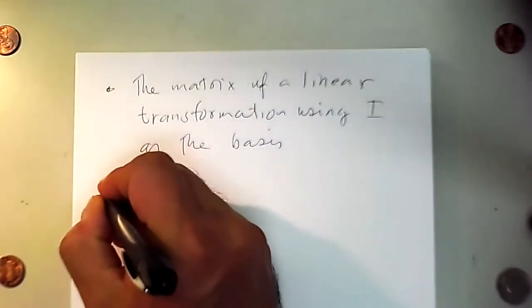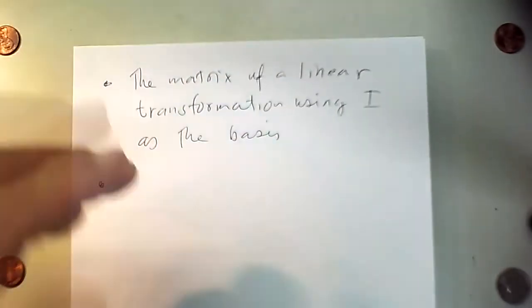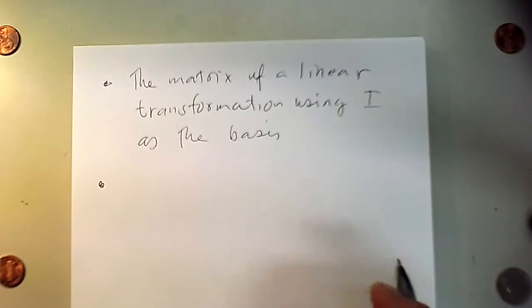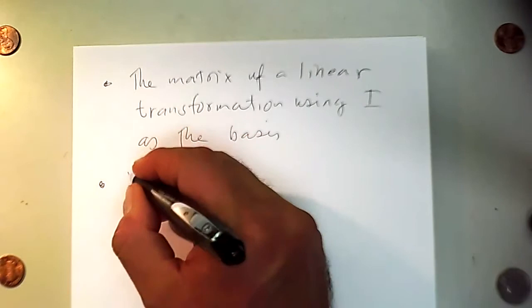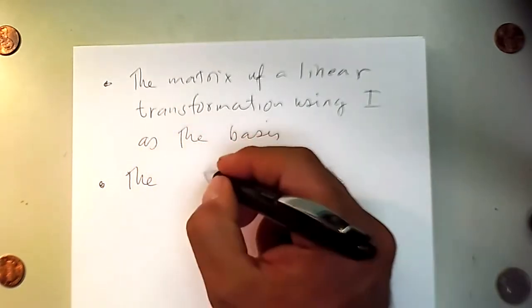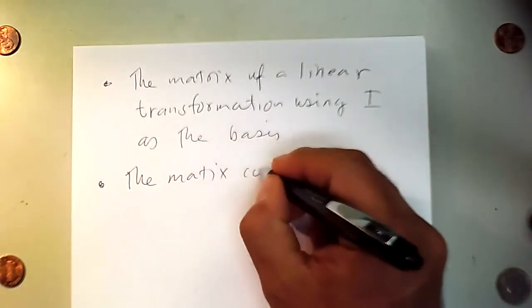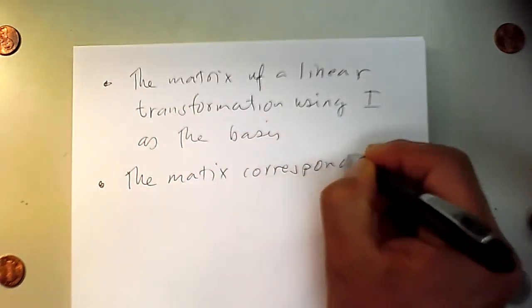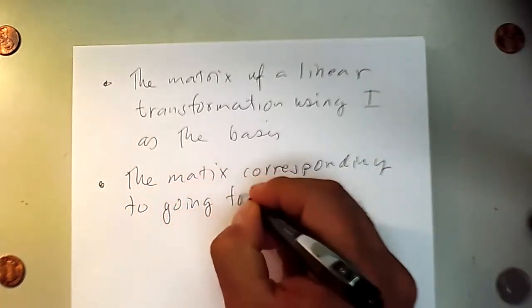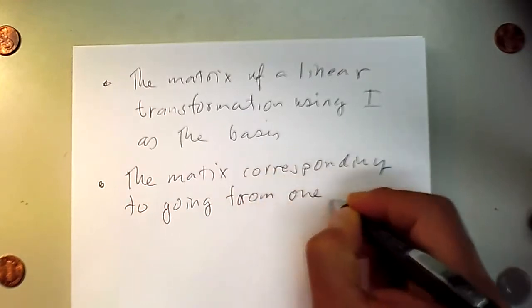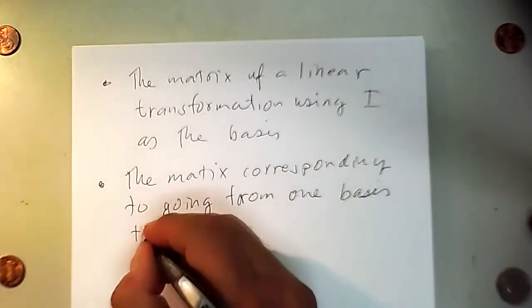All right. Then we want to also focus on how to move from one basis to another basis. And the way we will achieve that is by using a matrix. So what we're going to focus on is the matrix corresponding to going from one basis to another basis.